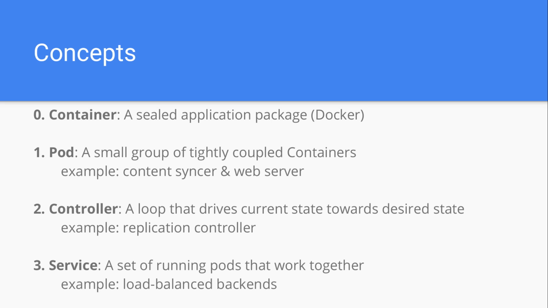We have service, a set of running pods that work together, for example load balancer backends. So the main idea is container. We have this idea in the Linux operating system, at a low level, in LXC containers, in Docker technology, and we have pod, which is a small group of tightly coupled containers. Yes, here we have controller and we have service.